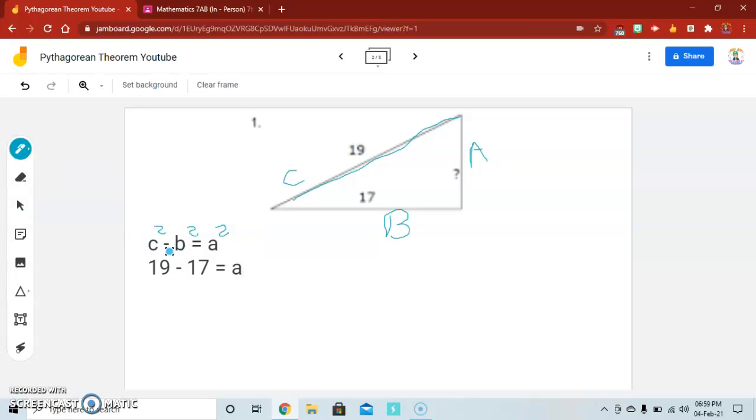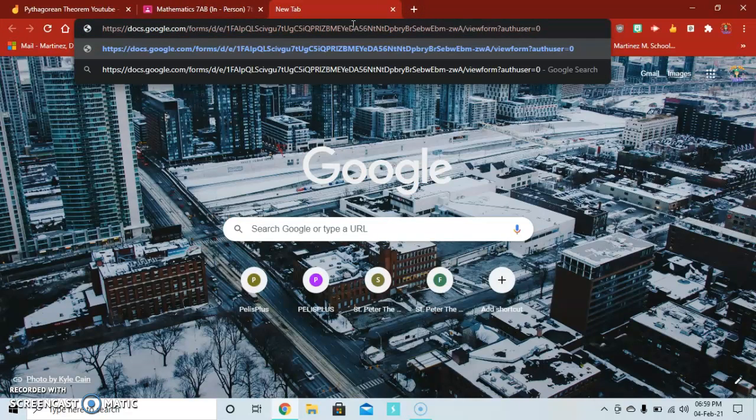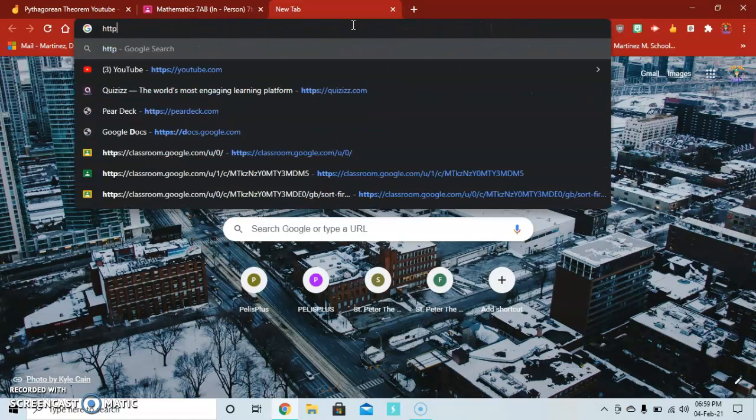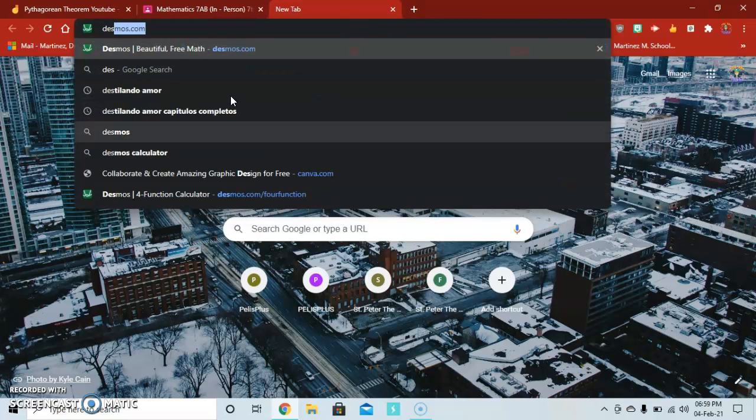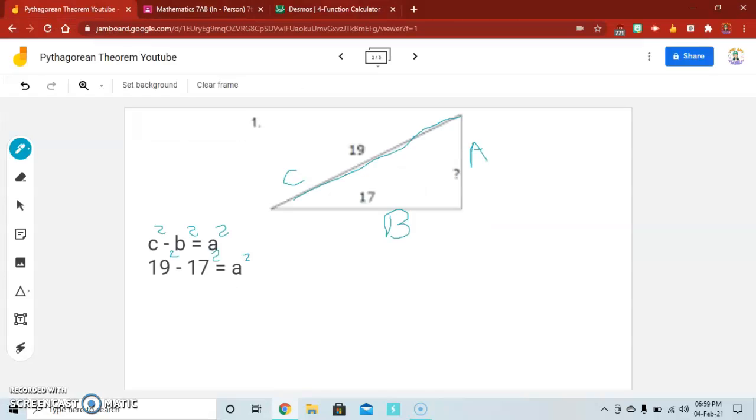So you're actually going to have to multiply first to be able to solve these equations. You can either use your own calculator, or I recommend using decimals.com. Give me just a moment. Type in decimals.com and you can use the 4-function calculator.